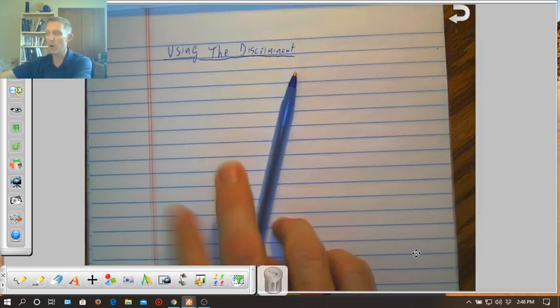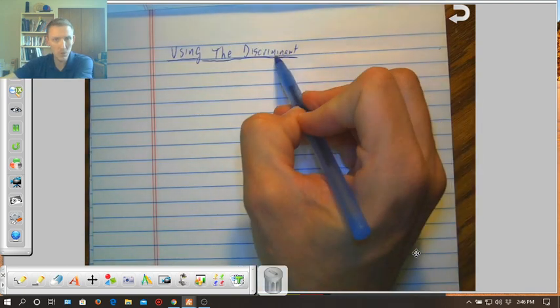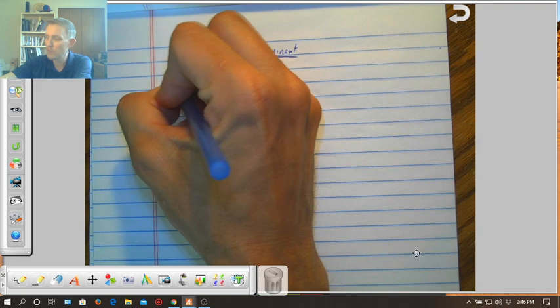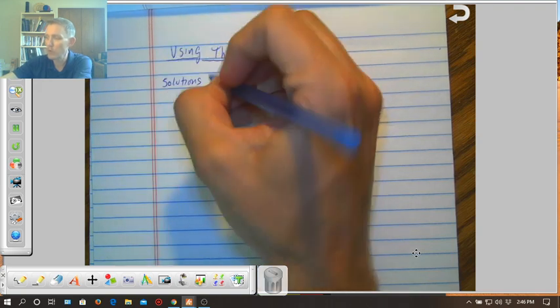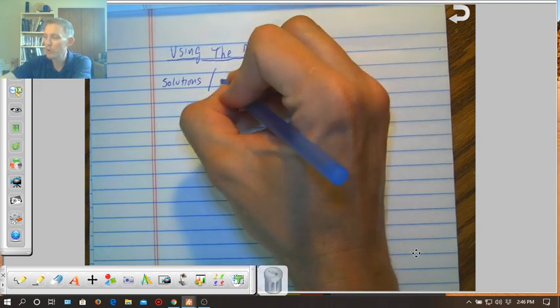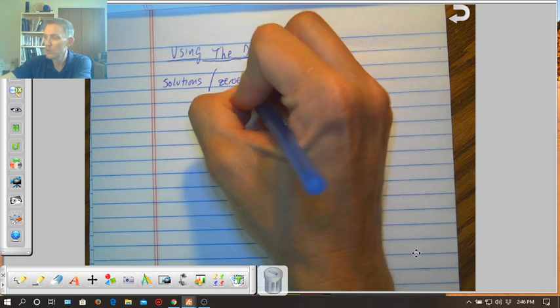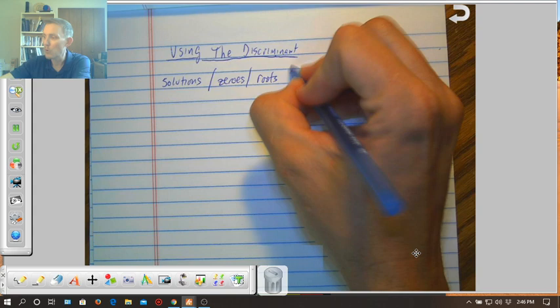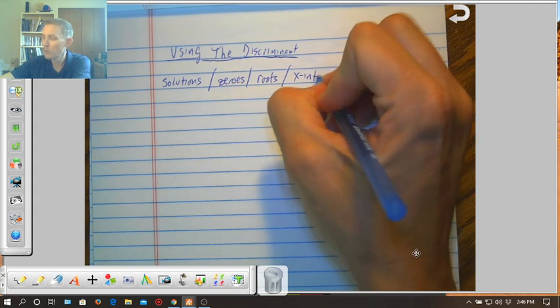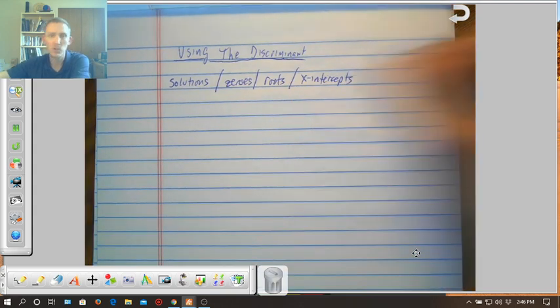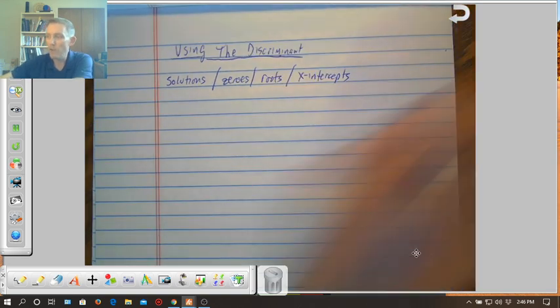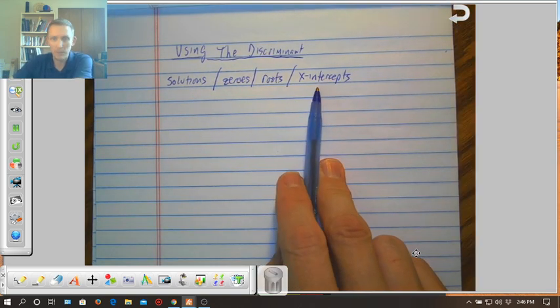The first thing I want to talk about before we even address what the discriminant is, this idea of solutions or zeros or roots or x-intercepts. If we go back to earlier in this section, we know that all four of those things mean the same thing.